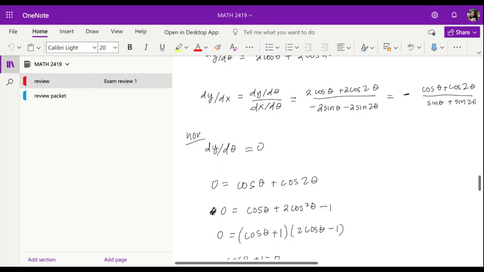Do the same for the other side: 2 cosine theta equals 1, so cosine theta equals half. Wherever cosine theta equals half is pi over 3 and 5 pi over 3.